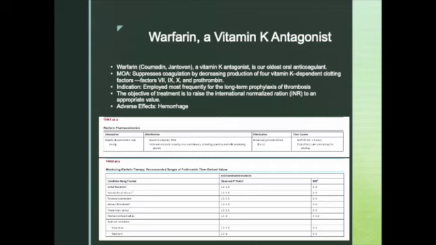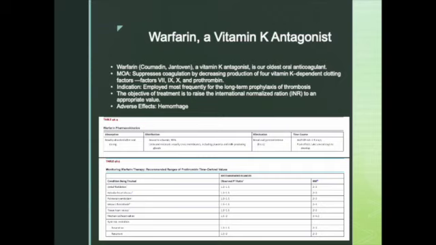Now, warfarin, commonly known as Coumadin, is different than a low molecular weight heparin. It's a vitamin K antagonist, and it is the oldest oral anticoagulant available. It's similar to heparin in the respect that it serves as an anticoagulant, but it's different.